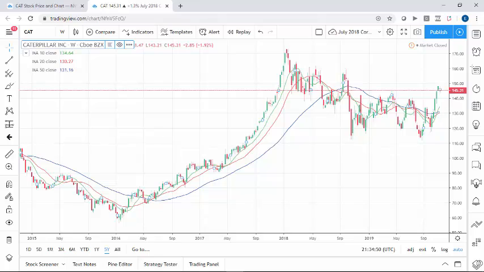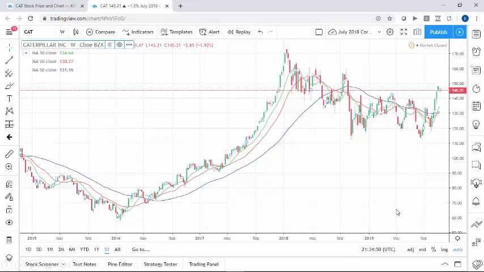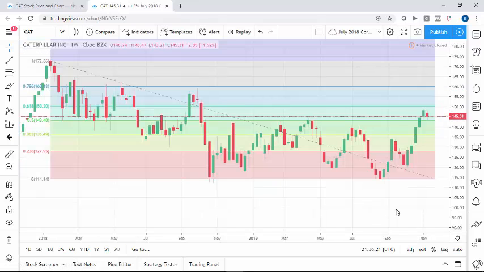So this could go up or down from here. We just need a little bit more data to figure out which direction this price is going to head for the 5-year chart.